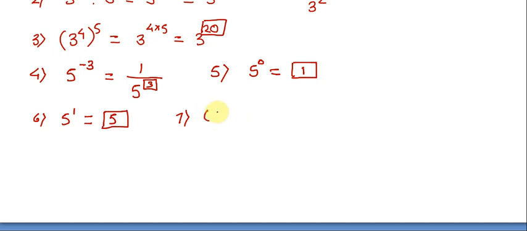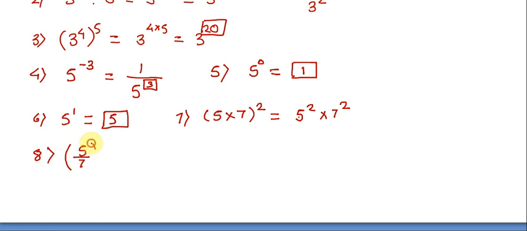Seventh: 5 into 7 having a common index 2 equal to, we can distribute this index: 5 square multiplied by 7 square. Eighth one is rational numbers index.